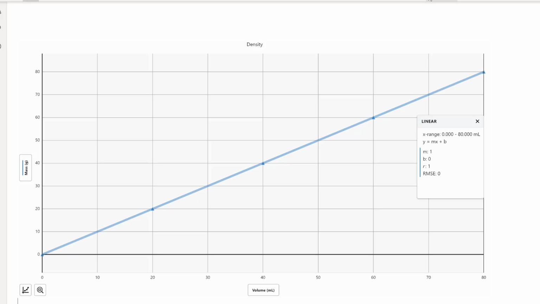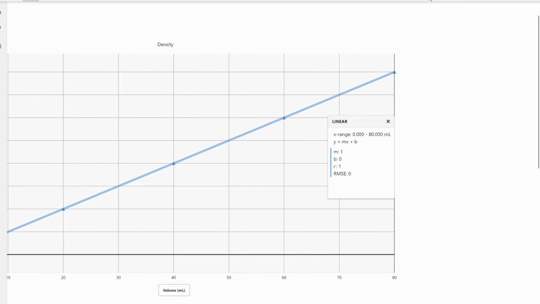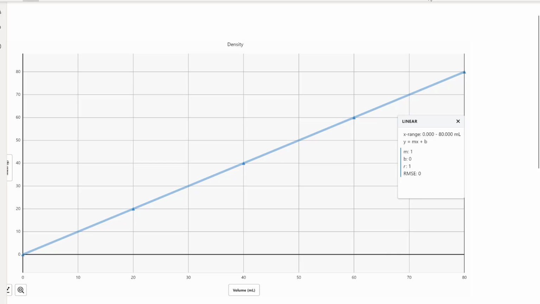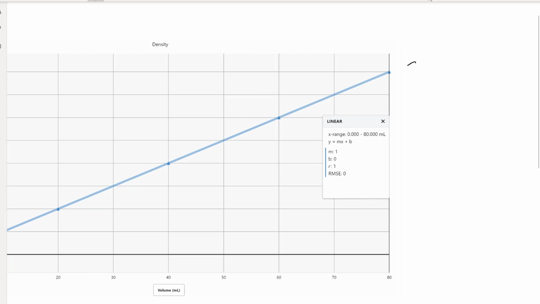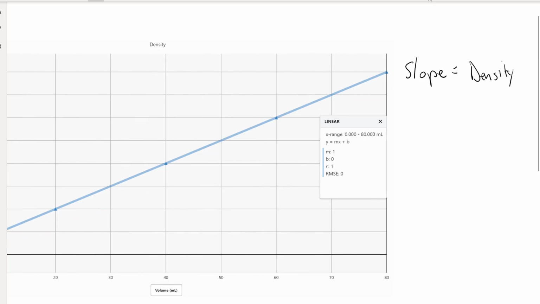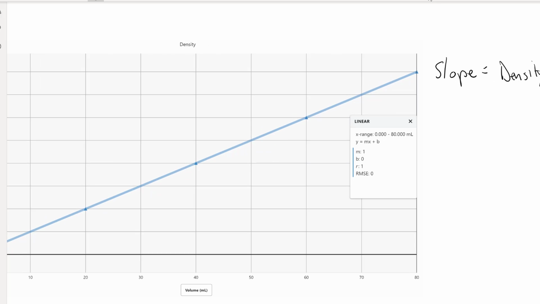So first off, if we were to have graphed water, the mass and the volume, then the slope of these mass versus volume graphs is the density. And that should kind of make sense, since slope is rise over run.